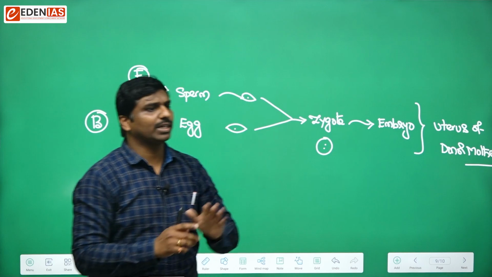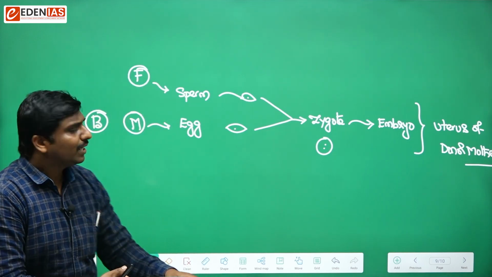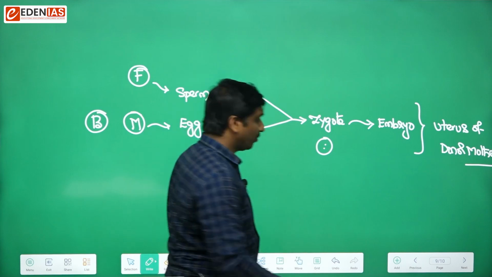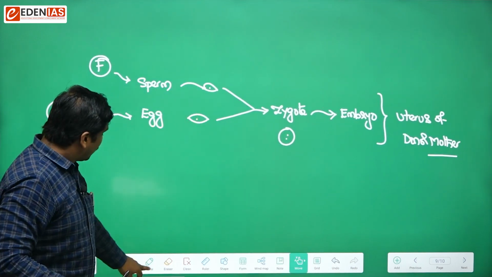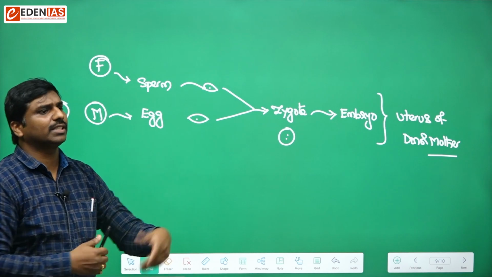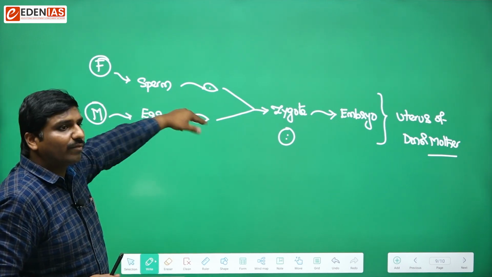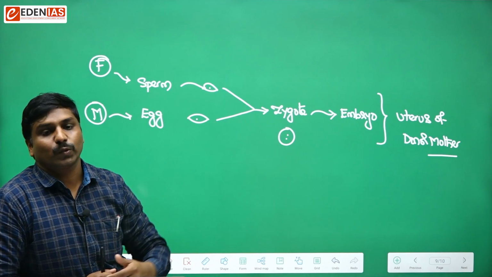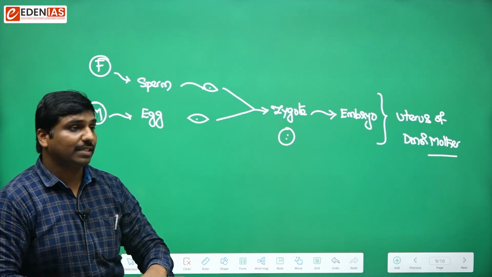Only that process involves the donor mother. This is how surrogacy is done. In this process we also do all these things, and the articulation can be used. That is another important thing.